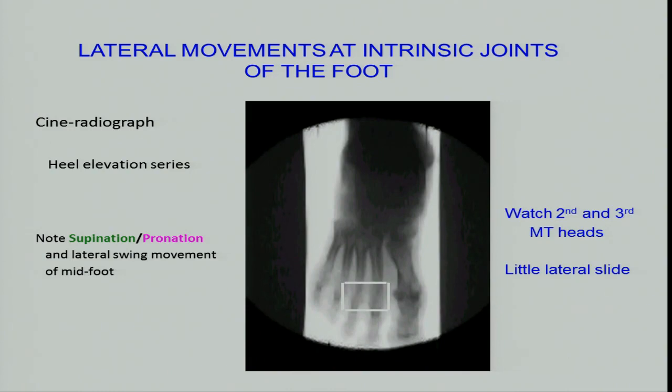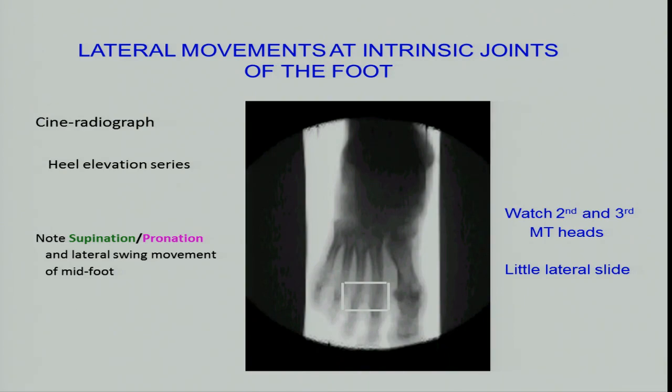Now I want you to watch the second and third metatarsal heads, because as we repeat that and heel elevation occurs and the foot supinates, you will see that the first ray actually shortens as weight is taken off the first metatarsal head, and splay decreases on the medial side.